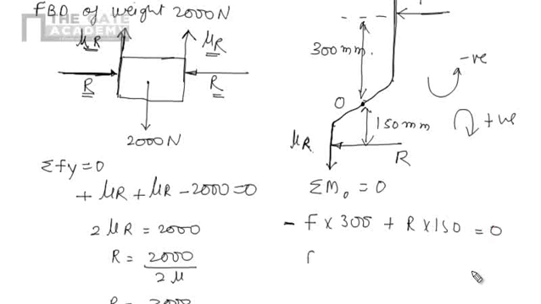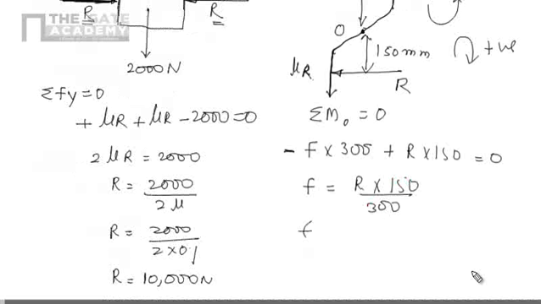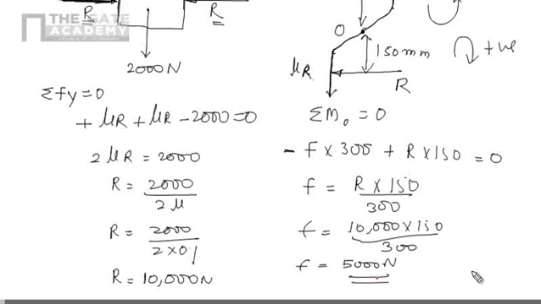We are interested in the value of F, so F will be R into 150 divided by 300. We have already calculated R, that is 10,000, into 150 divided by 300, and if you calculate it, it will come around 5000 Newton. So the correct answer for this problem is 5000 Newton.